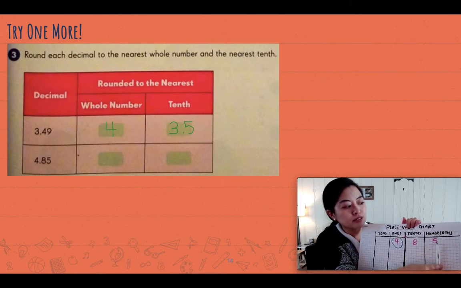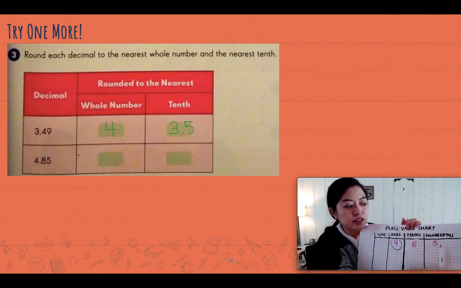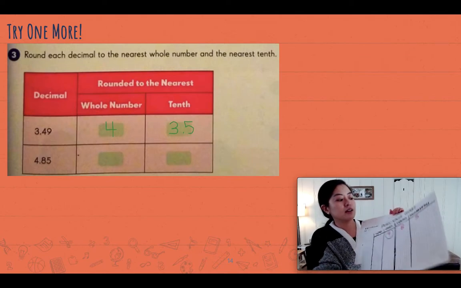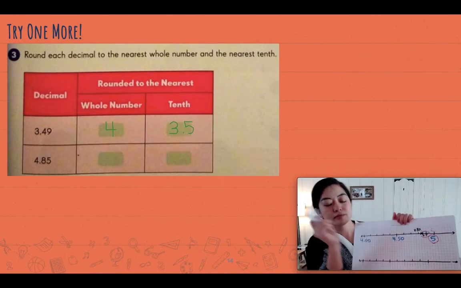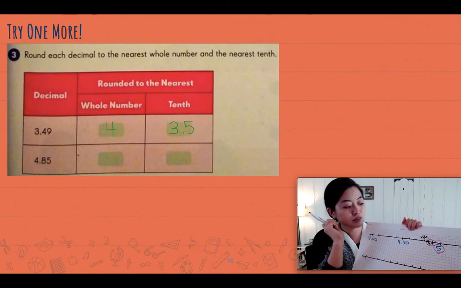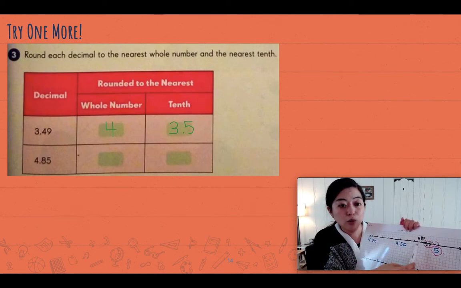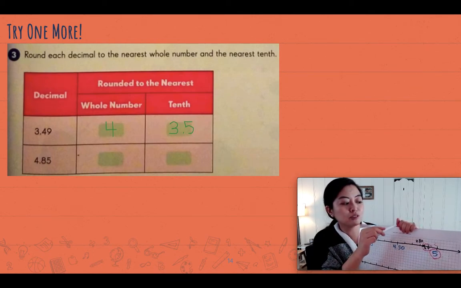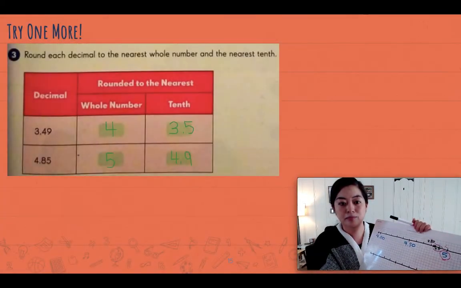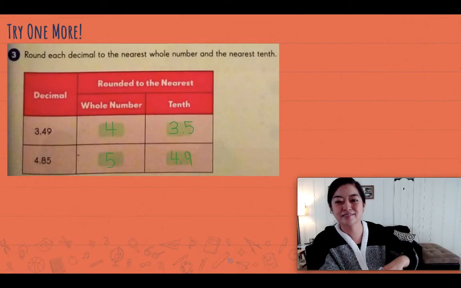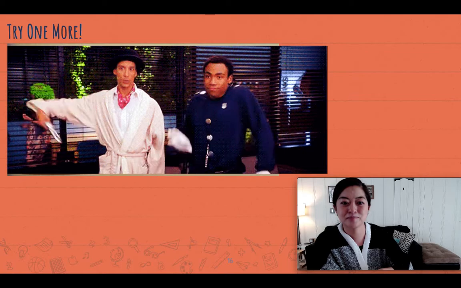If there are 2 numbers after the decimal point, you're writing it in hundredths. So 4.85 rounds to 4.9, like so.